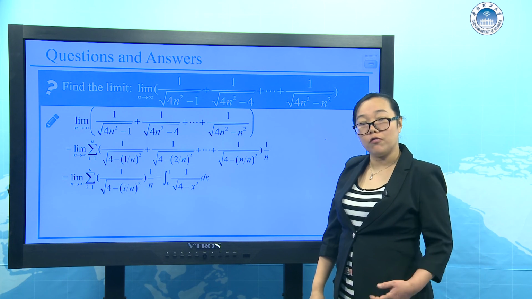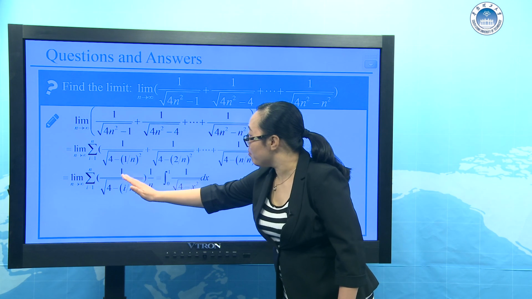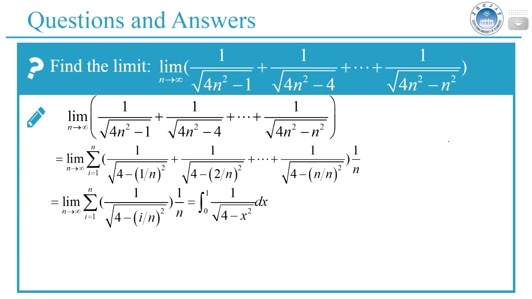At this time, we find xi. xi means 4 minus xi squared. xi means our x. So the summation corresponds to the function, we can find it. The integral function becomes 1 over square root of 4 minus x squared.